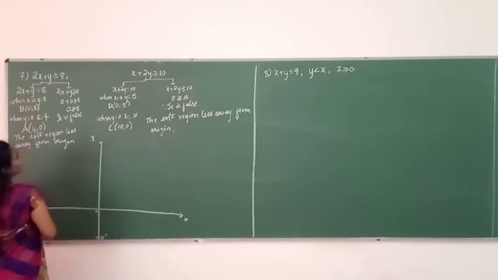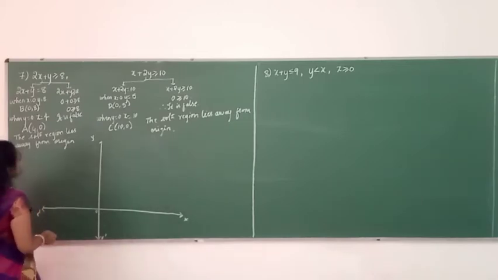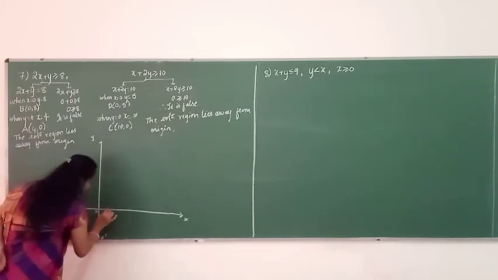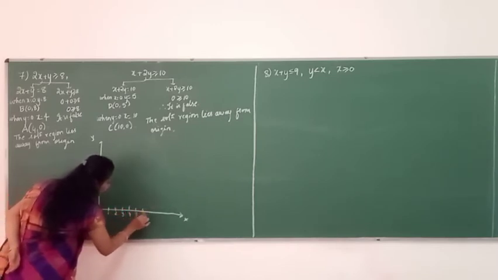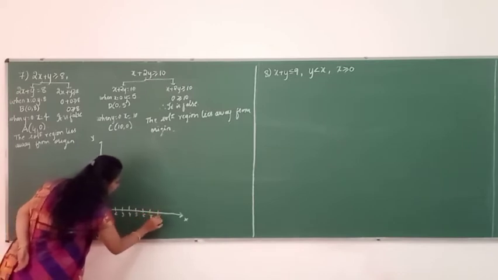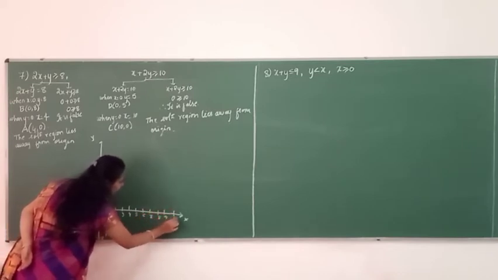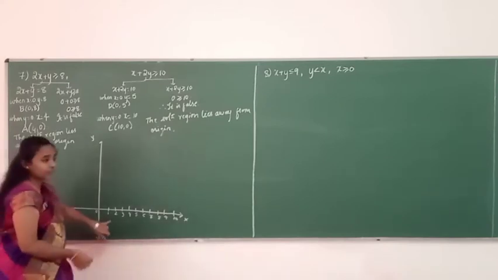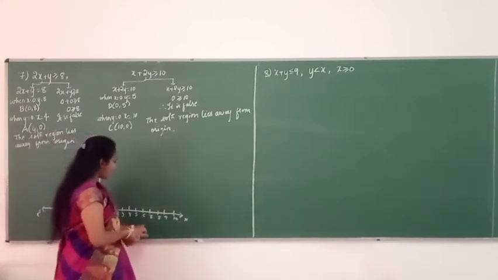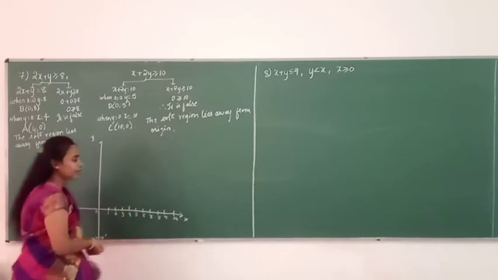Mark 0, then 2, 3, 4, 5, 6, 7, 8, 9 and 10. If you want, you can even consider the x-axis as 2, 4, 6, 8 and 10. That is not wrong.